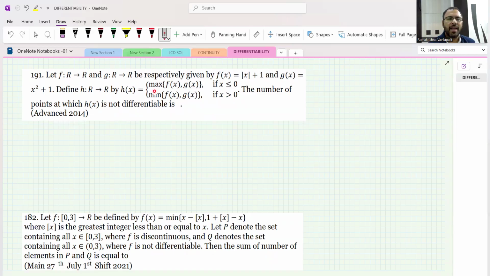They define the maximum of f of x, g of x for x negative, and the minimum of the two functions for x greater than 0. For different intervals, they have defined minimum and maximum. It's a matter of drawing the graphs of mod x plus 1 and x square plus 1. I'll draw those graphs.